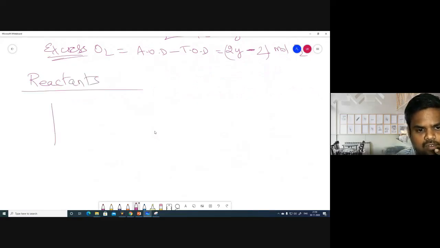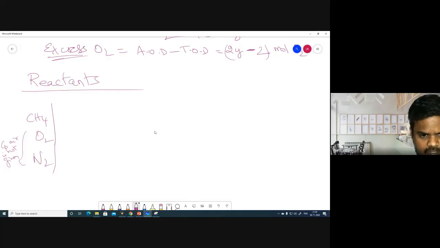In the reactants, dry methane is burnt with oxygen and nitrogen. I am not writing air here because Cp of air is not given; Cp of oxygen and nitrogen are given in the data. How many moles of methane? That is our basis.